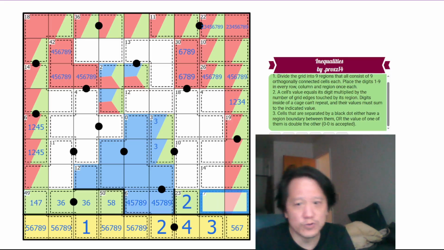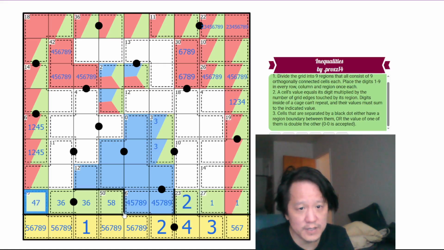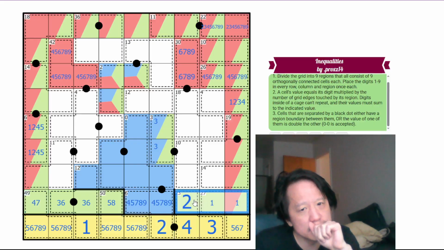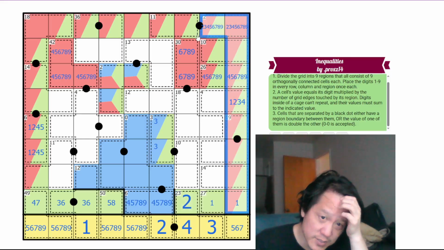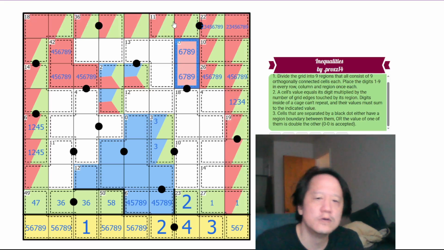What happens if 1 is here? That means obviously this can't be 1. Technically, you could have doubles there. You could have technically... Hold up. I don't know.